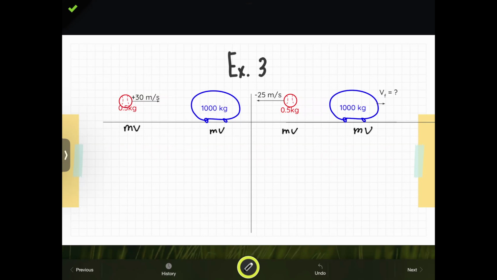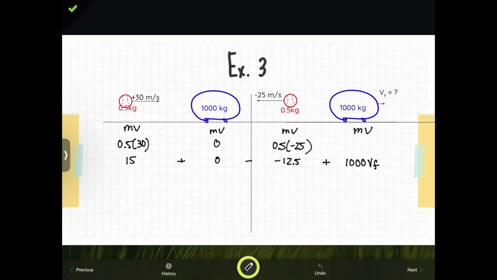The momentum of the baseball to start was 0.5 times 30, or positive 15 Newton seconds. But the car is at rest, so that's 0. After the collision, that would be 0.5 times negative 25, or negative 12.5 Newton seconds to the left. We know the car's mass is 1,000. We just don't know VF.